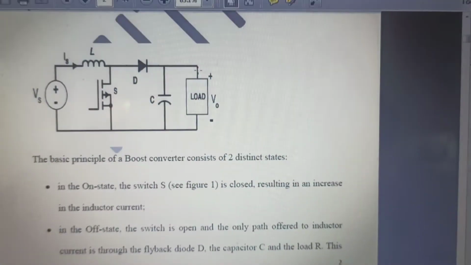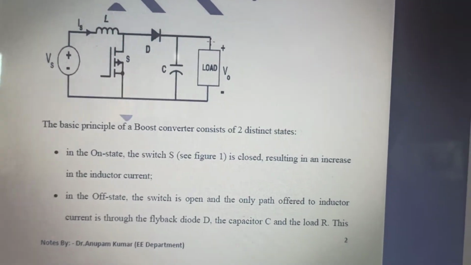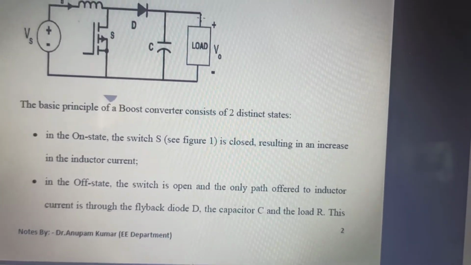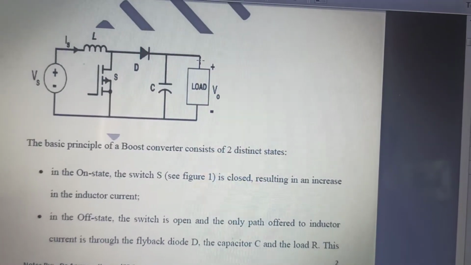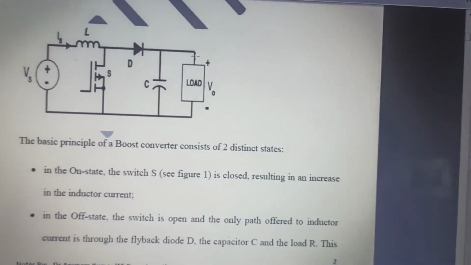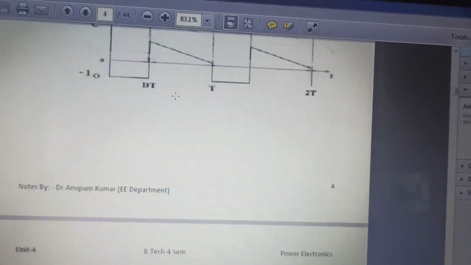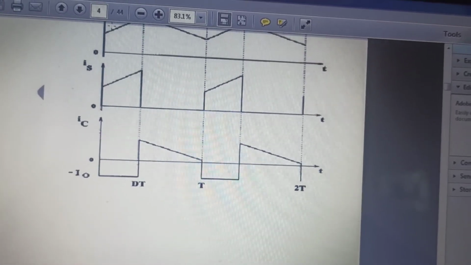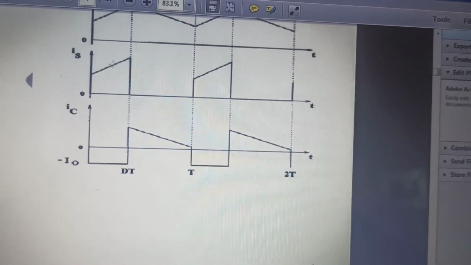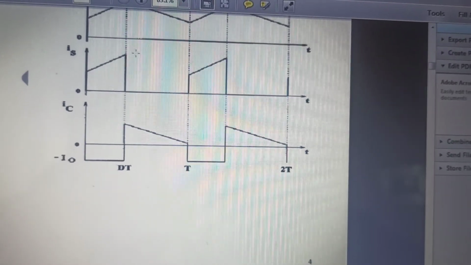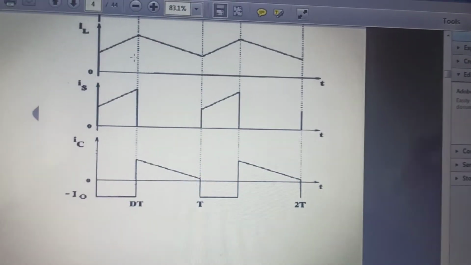So for the duration when the switch is on, the switch current equals the inductor current. I think I am quite clear. So that is represented here. Have a look at this. This is what is being shown. It is rising to a value, again rising to a value. Clear or not? I think I am clear.